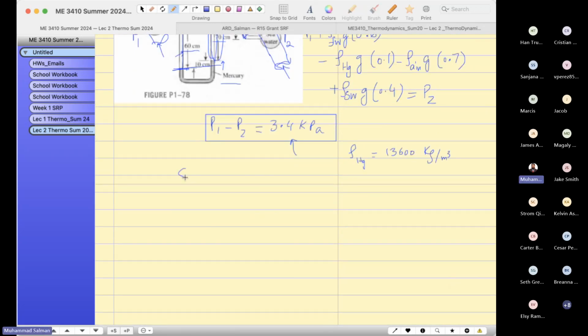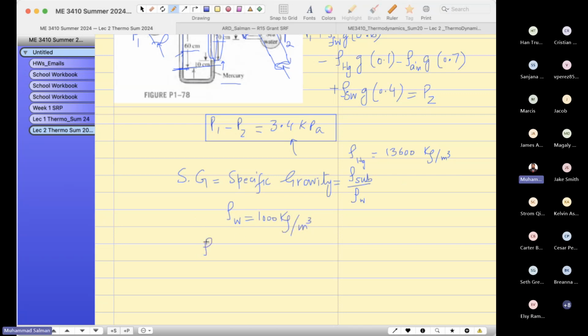And there is another important technical term, specific gravity. We call it specific gravity, and it is defined as the density of a substance divided by the density of water. The density of water in the SI system is 1000.